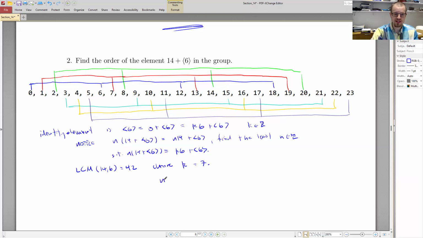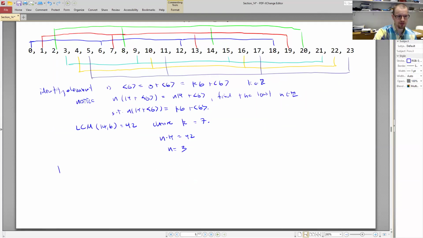This gives us n times 14 is equal to 42. 6 times 7 gives us 42. And then n must be equal to 42 divided by 14, and that would be 3. So the order of the element 14 plus what's generated by 6 is 3.